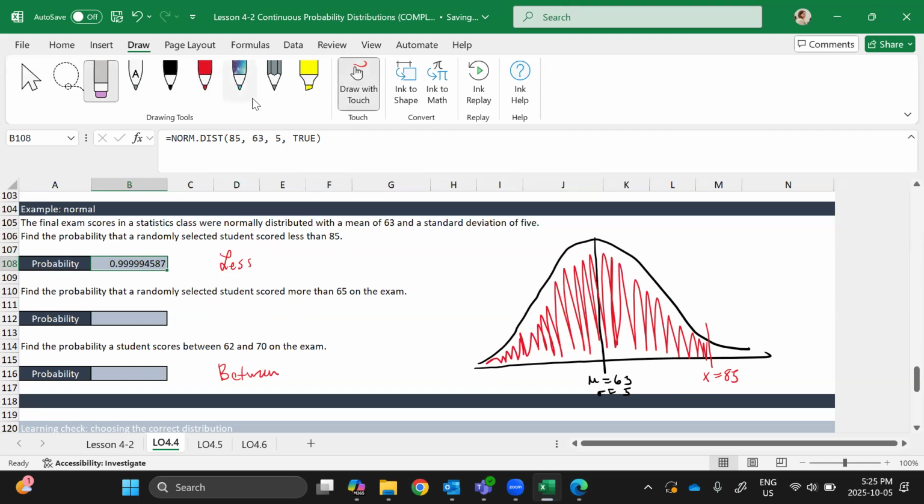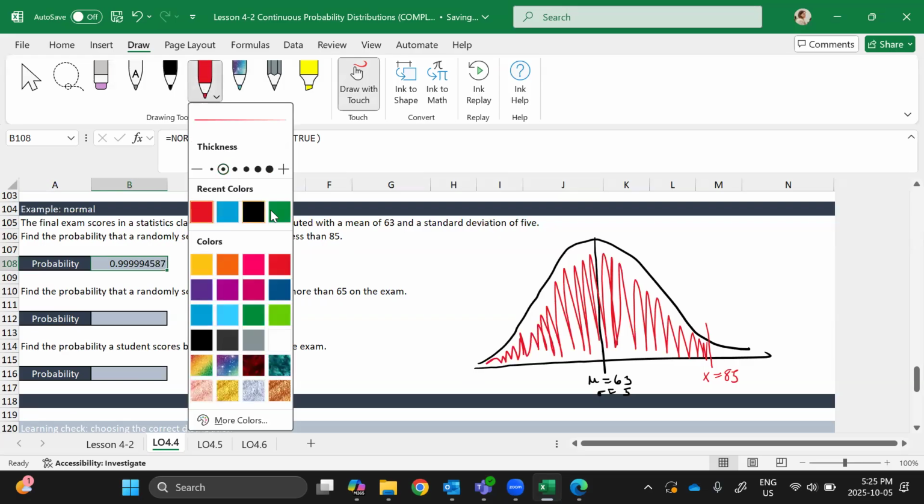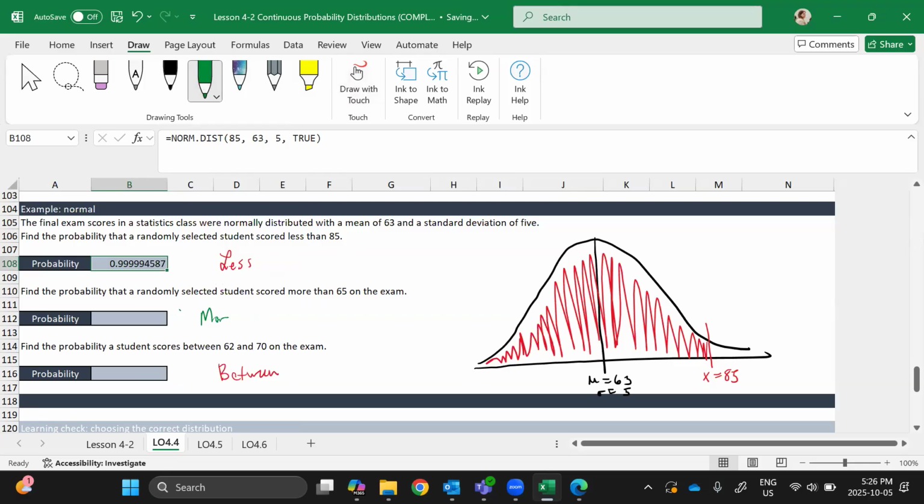If you have a more than question instead of a less than question, I'll use a different color for it. More than 65. 65 is just above the average, and if we want more than 65, it would be everything bigger on this end. So for less than, we could just use norm.dist.